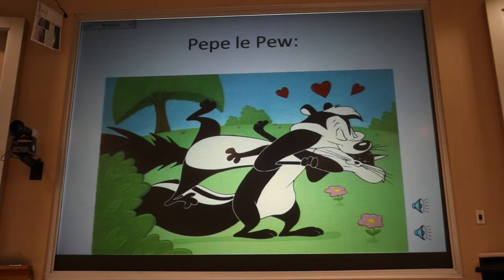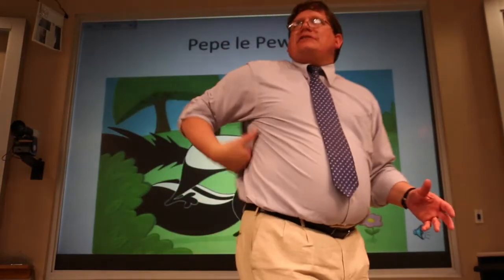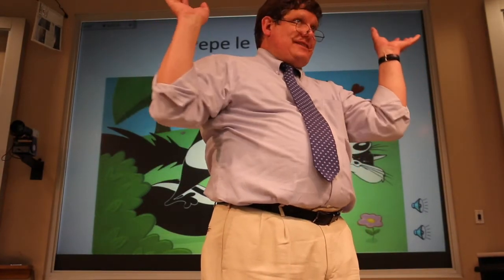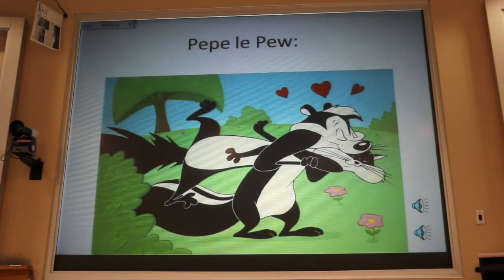There is only one plot. And you know what it is? The cat wanders into the neighborhood. Somehow the cat gets a stripe painted down her back. And then the chase is on. Pepe falls in love. And he will not take no for an answer.